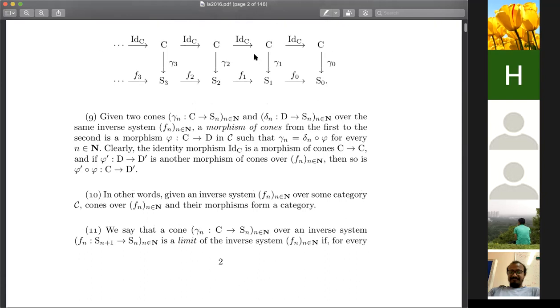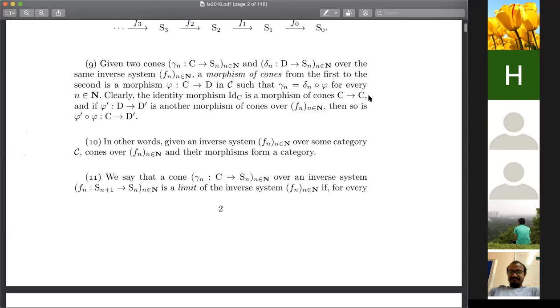If you have a morphism from C to D, and you have morphisms from C to Sn and D to Sn, then you want all those triangles to commute, which means that gamma n should be equal to delta n composed with phi, the same morphism phi. Okay, that's the notion of a morphism of cones.